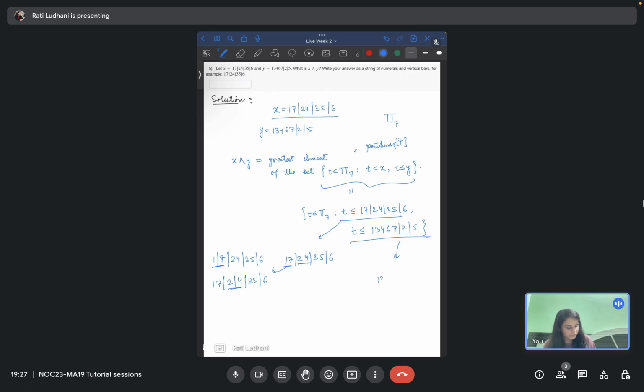So you have 1, 3, 4, 6, 7, this. Now you're searching for all those elements which refine basically this set. So 2 and 5 are already singletons. So you have to refine 1, 3, 4, 6, 7 basically. So we have to check which are the refinements for both the elements.